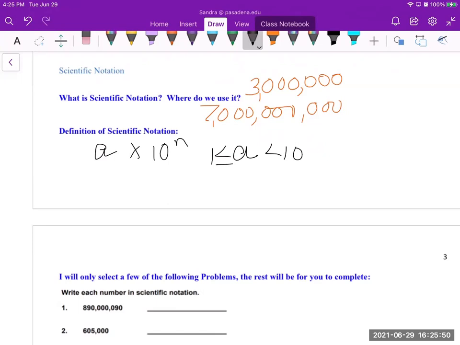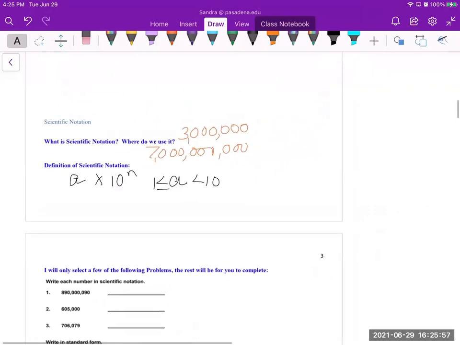Okay, and your n can be positive or negative. Okay, so for example, if I can do this, then that will be in scientific notation. So for example, if I wanted to write this number in scientific notation, I have to decide how can I generate this number by multiplying by 10.